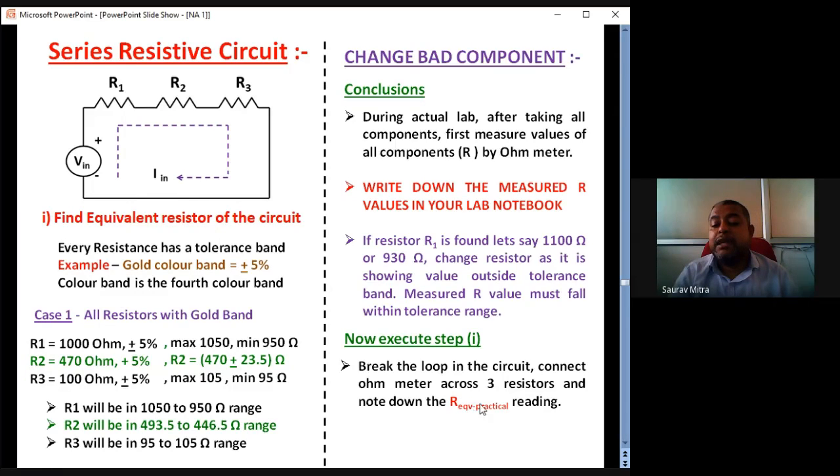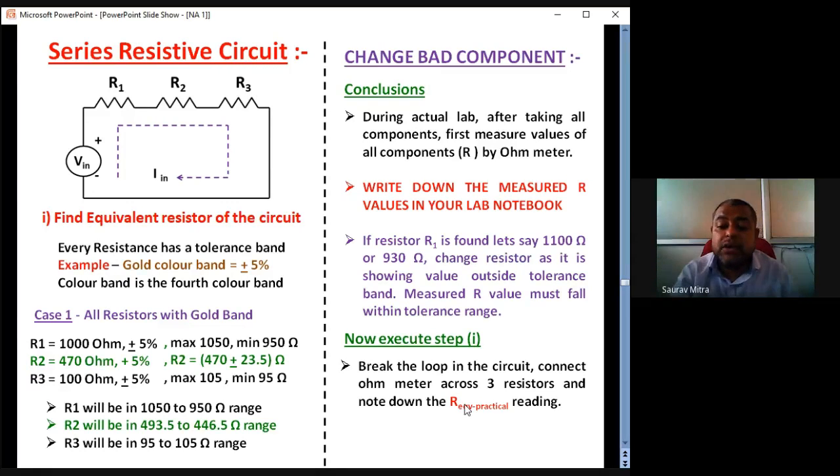One is R equivalent theoretical, that is 1000 plus 470 plus 100, that is 1570. And with the measured values of R1, R2, R3, whenever you calculate the total added value of the equivalent resistance, that will be R equivalent practical. That will be R1 practical, R2 practical and R3 practical, adding them, and that gives you R equivalent practical.